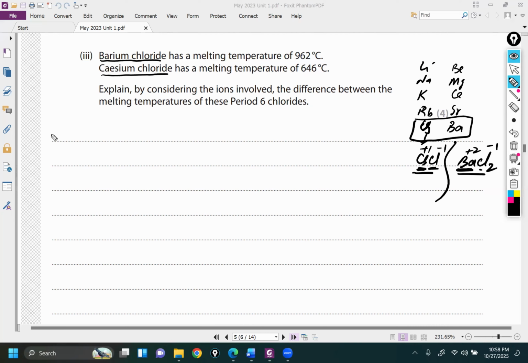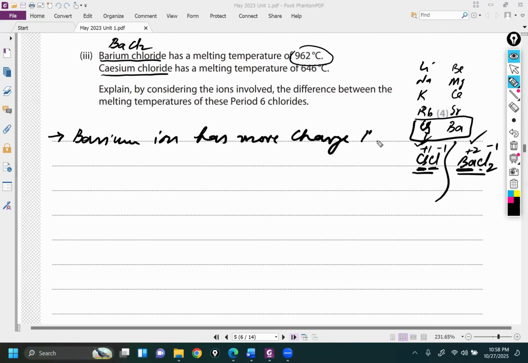So let's start the answer. They're asking about barium chloride, BaCl2, whose melting temperature is higher, while cesium chloride's is lower. When you compare these, it is very obvious that the barium charge is +2 while cesium is +1. So you can say that the barium ion has more charge than cesium.